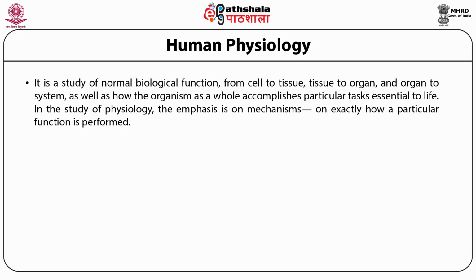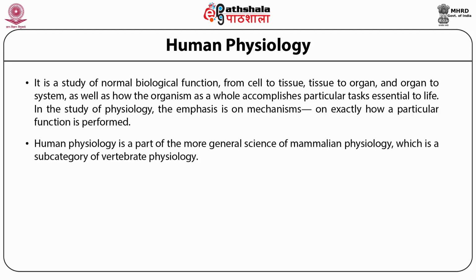In the study of physiology, the emphasis is on mechanism, on exactly how a particular function is performed in the body. Human physiology is a part of the more general science of mammalian physiology, which is a subcategory of vertebrate physiology.